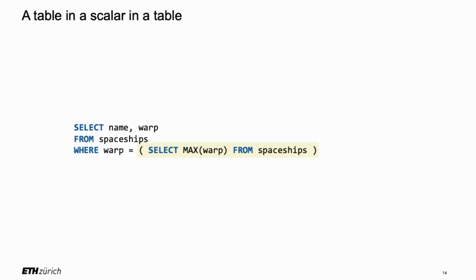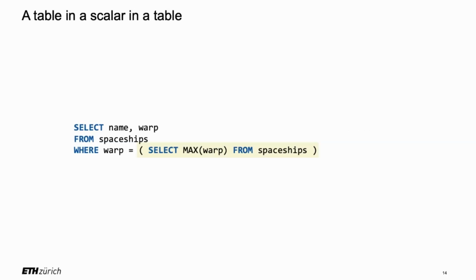Where warp equals 10. But instead of putting a constant, you can also nest this select max warp from spaceships, which is a table with one row, one column. It will be atomized to a number, and then you use it in your where clause, right? This is in fact computing an argmax. Mathematicians call it an argmax when you find the value that corresponds to the max, okay?